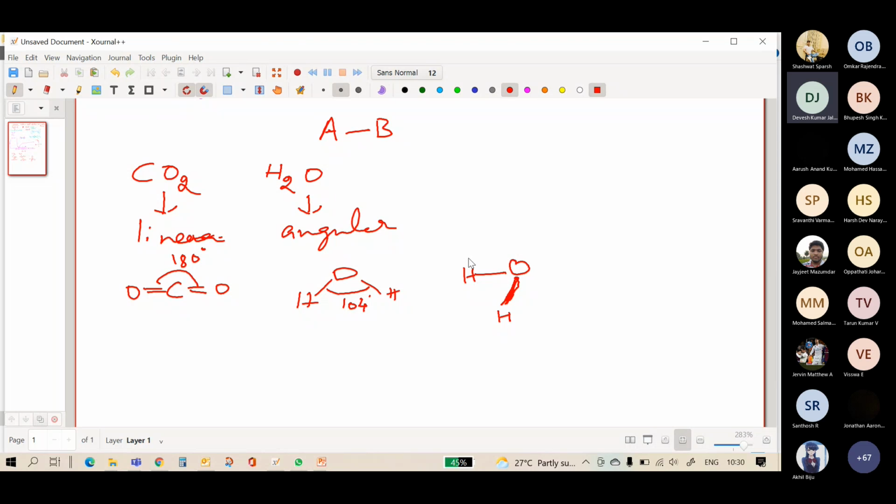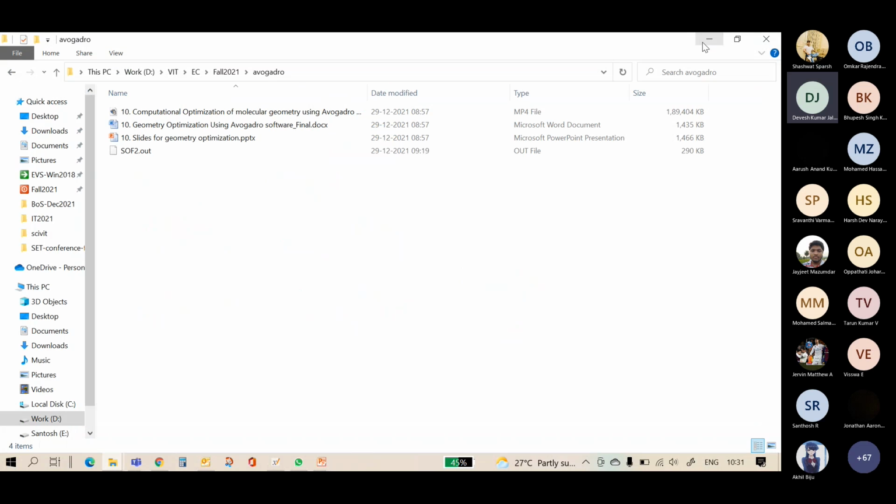Okay, so this is something we know. Now you can do the same exercise for a variety of molecules with covalent bonding, and you can predict their structure using VSEPR. Now, Avogadro is a software which can also do a similar thing.